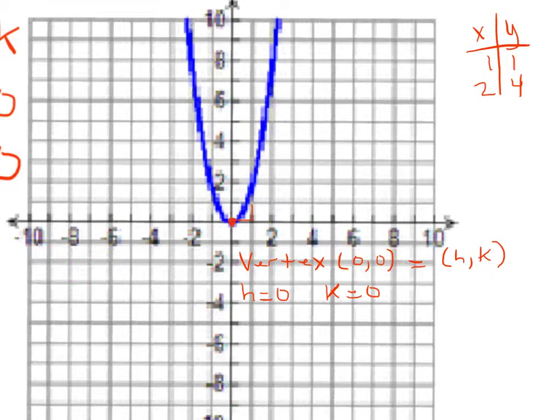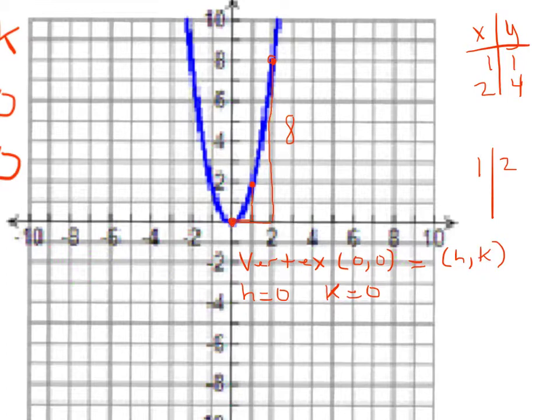I have to count up 2 to land on my graph. So that count was 1, 2. Then if I go back to my vertex, and I count right 2, I count up 1, 2, 3, 4, 5, 6, 7, 8, until I land on my graph.